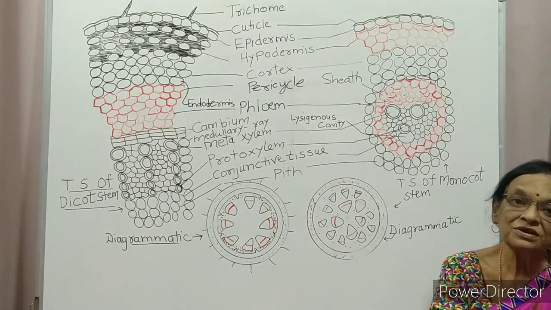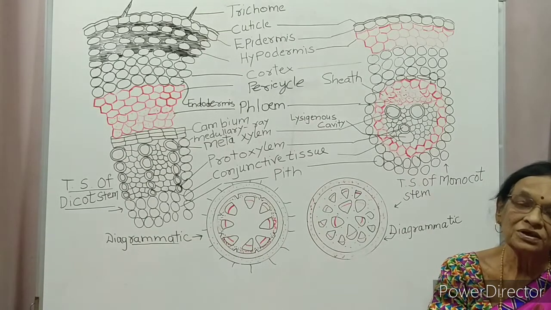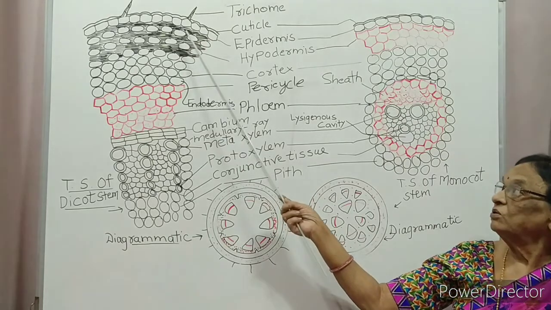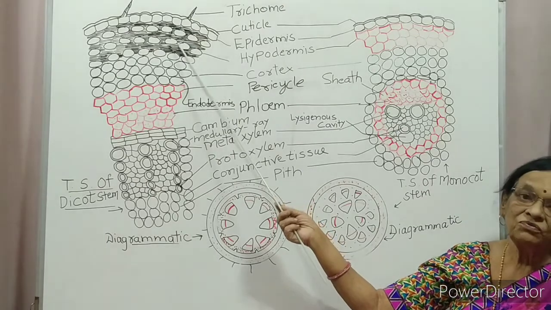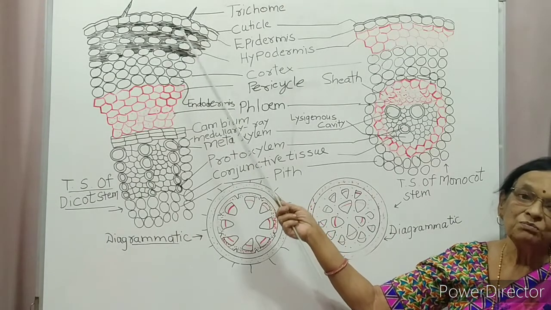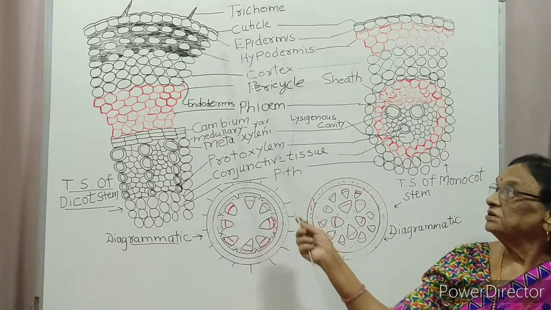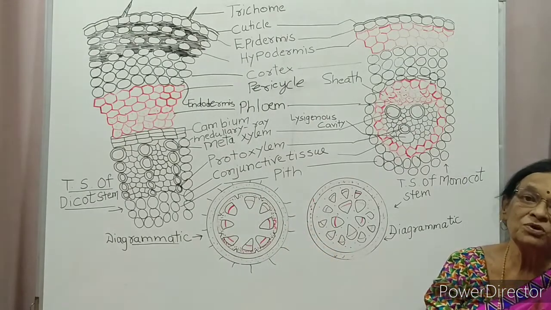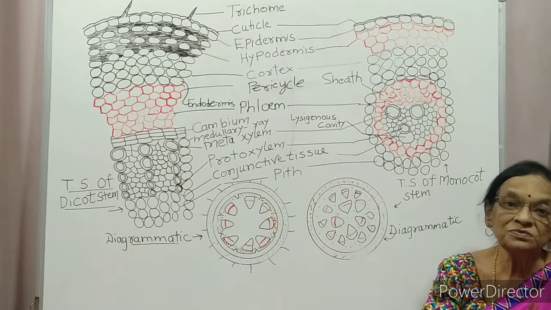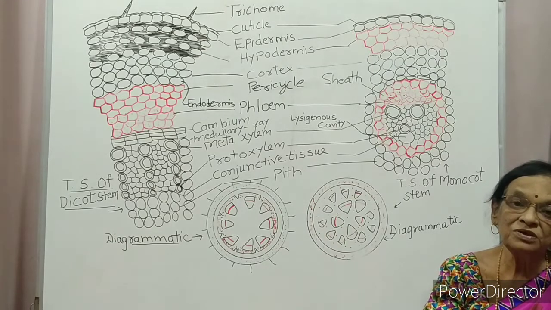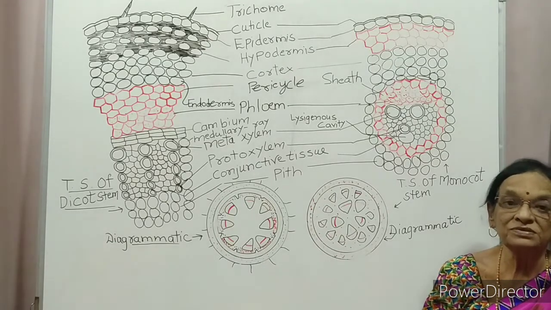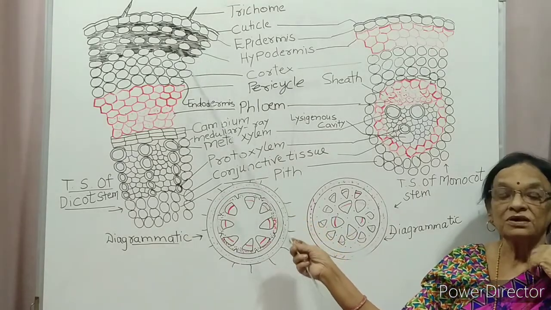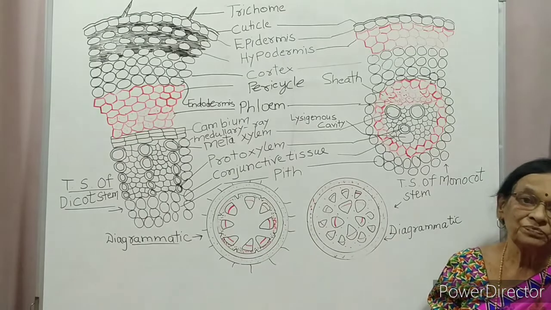So it has mechanical support and elasticity. The tissue is collenchyma. It forms the layer below the epidermis, so it is called hypodermis. Hypo means below, dermis means layer, epi means upper, dermis means layer. So the layer next to epidermis is collenchyma.